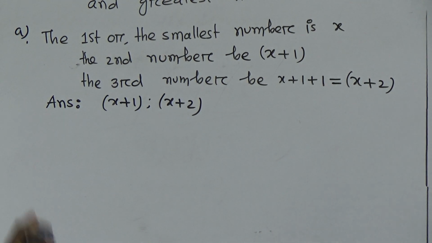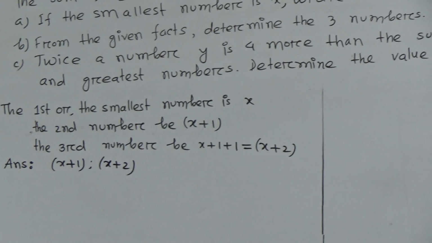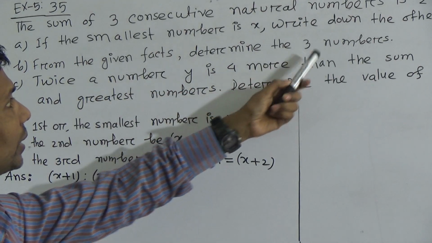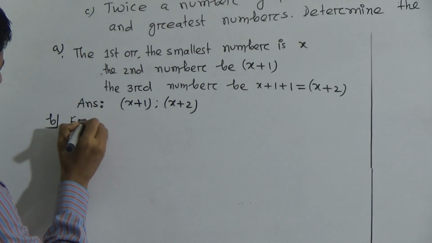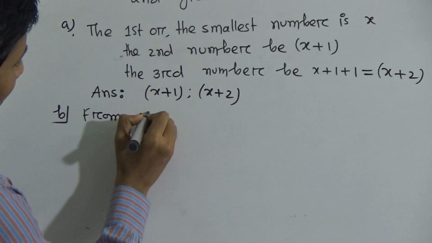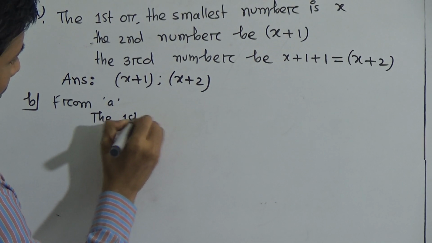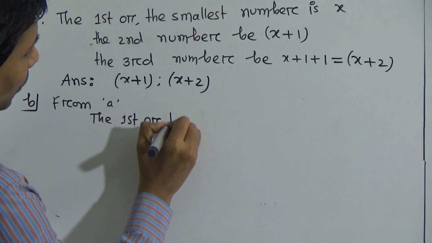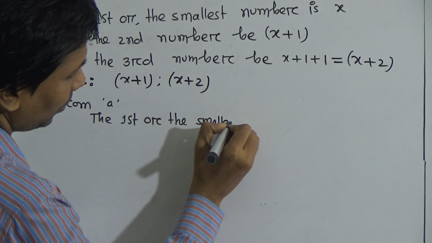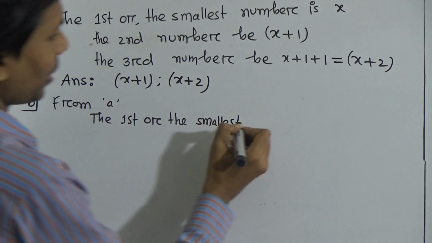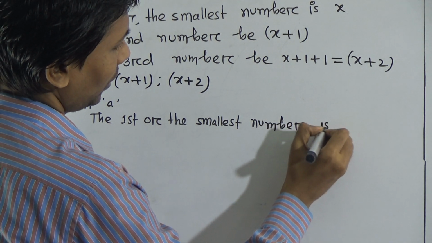Now I will solve question number B. You see, from the given facts determine the three numbers. Okay, write from A: the first or the smallest number is x.